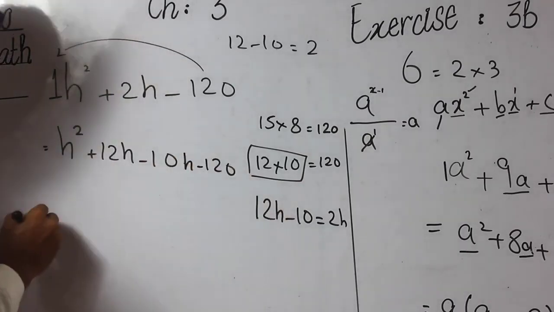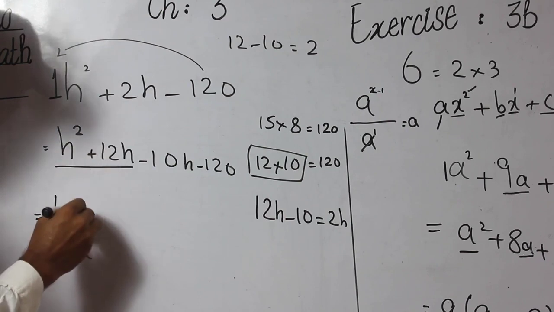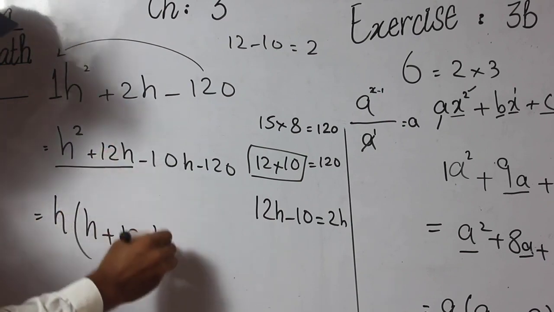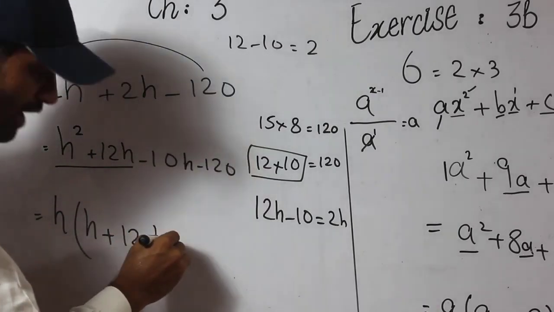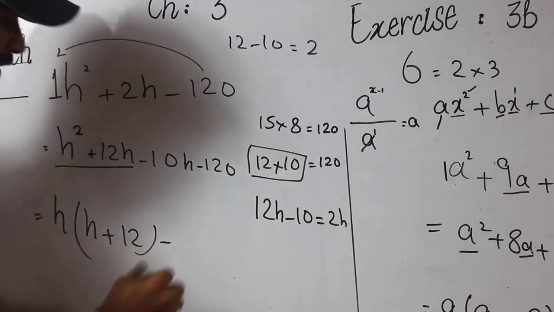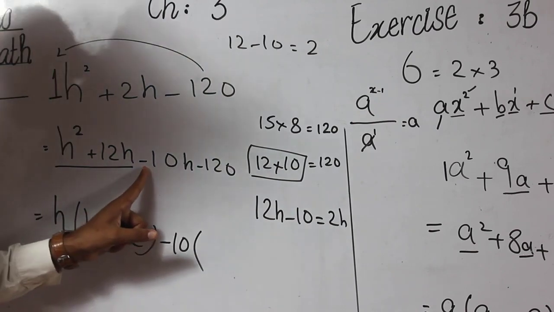Minus 120. So here in the first two terms, a is common. We take a common from a², a is left, and from 12a, 12 is left. For the last two terms both are negative, so the negative sign is also common. Negative, plus, and the common number of 10 and 120 is 10. When we multiply or divide, we first multiply their signs.